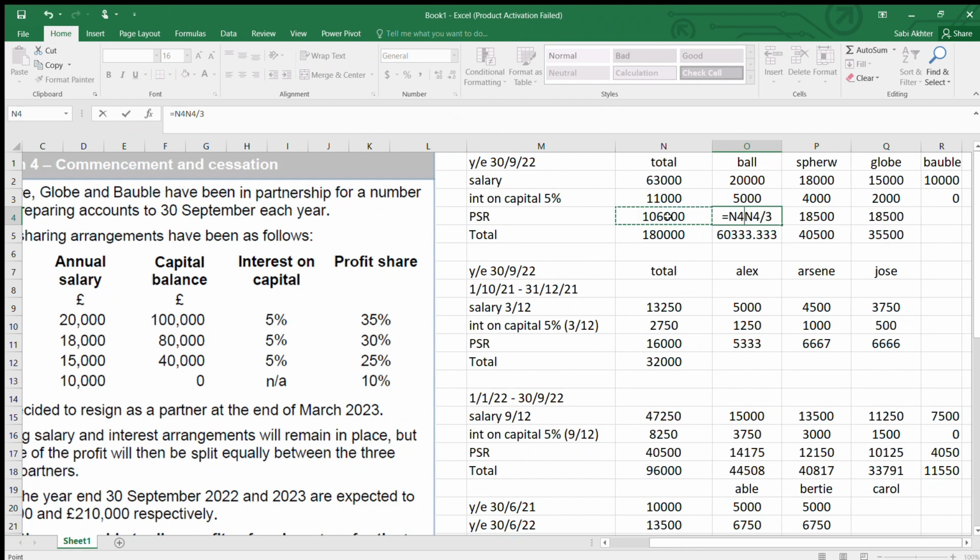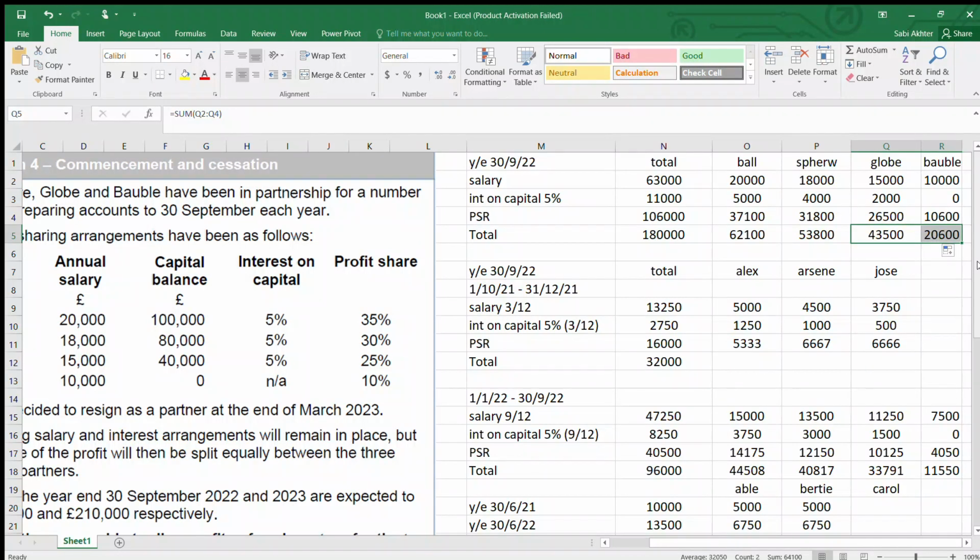And on this, you will take 35%, 30%, 25%, and 10%. So 35% is 37,100, 31,800, 26,500, 10,600.